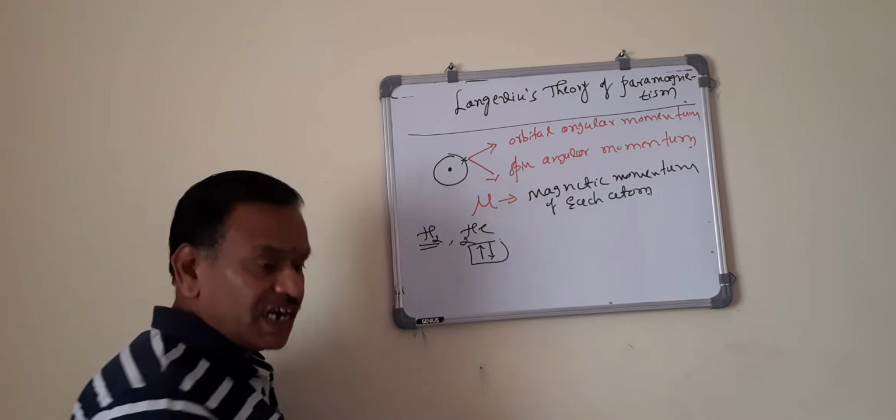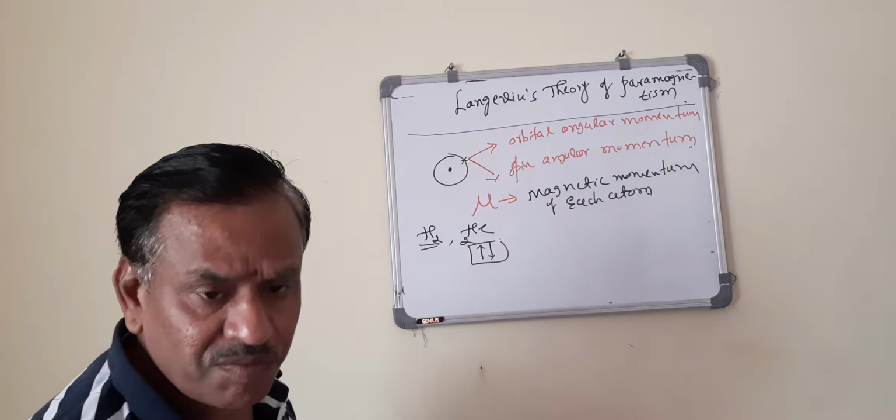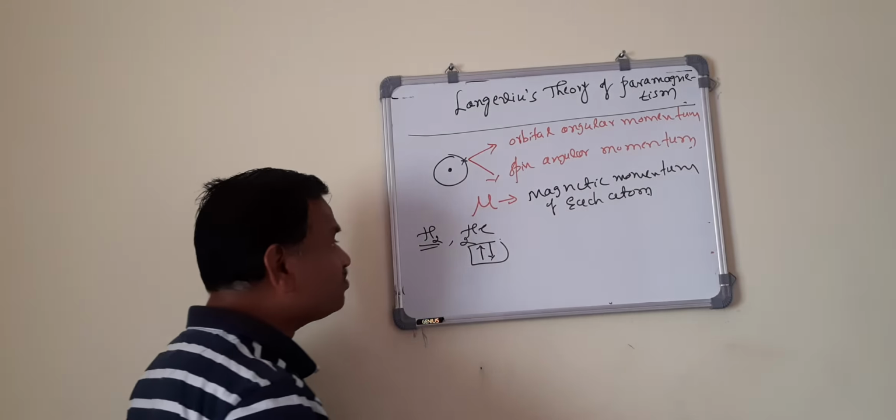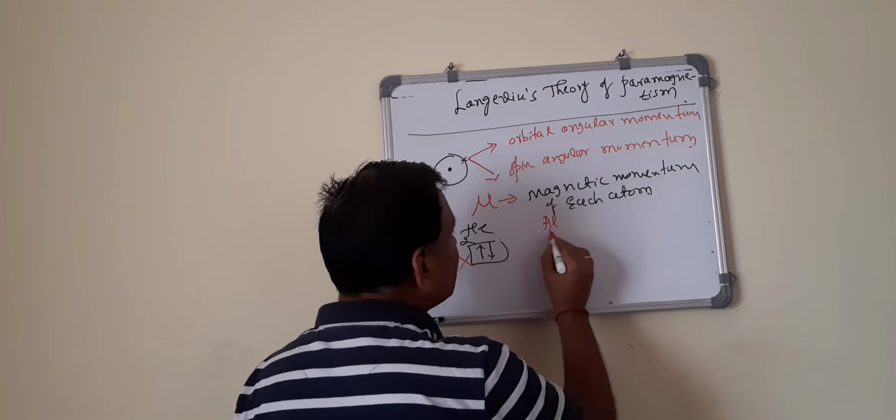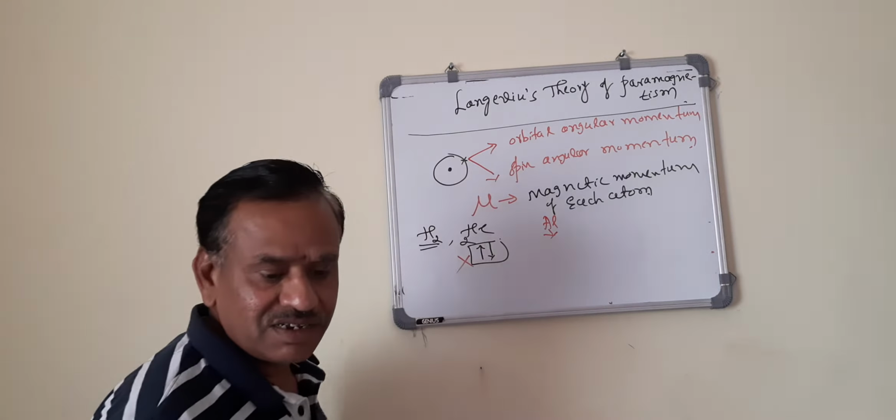There is an electron pair, so the net spin is 0. As I told you, there are also odd atomic numbers, for example aluminium, with an odd atomic number and a valence electron.